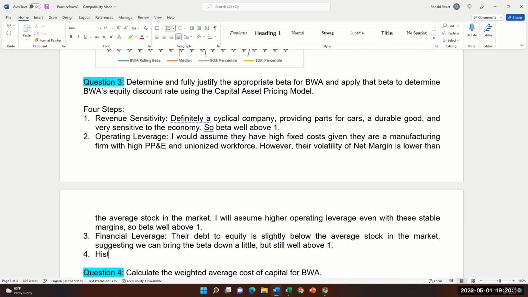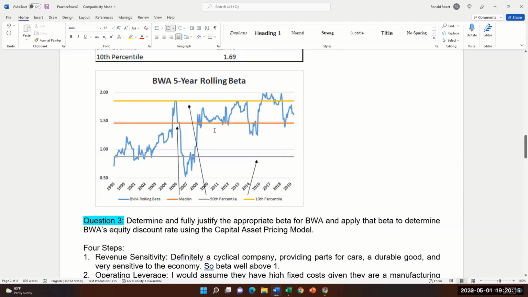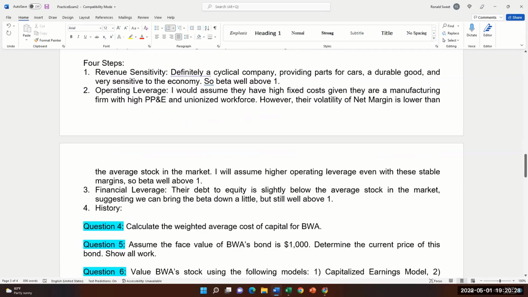And then the last one is history. So history seems to suggest a beta between, say, 1 and 2.5. You guys, this unusual period here in the financial crisis, but it suggests a beta between 1.5 and 2 is what I'm going to say, which is in line with the first three above.